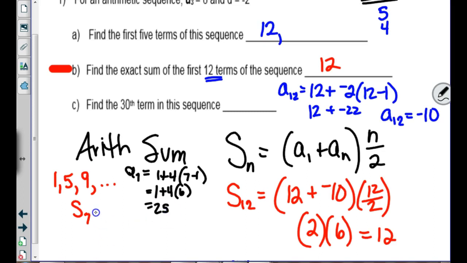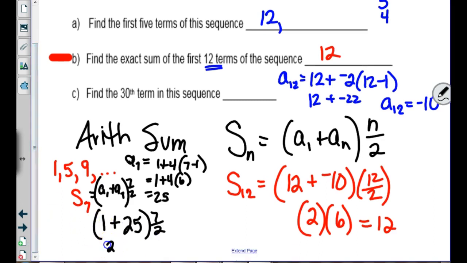And then the sum of the first 7 terms would be the first term plus the 7th term, all times 7 over 2. So the 7th term was 25. So we'd have 26 times 3.5.